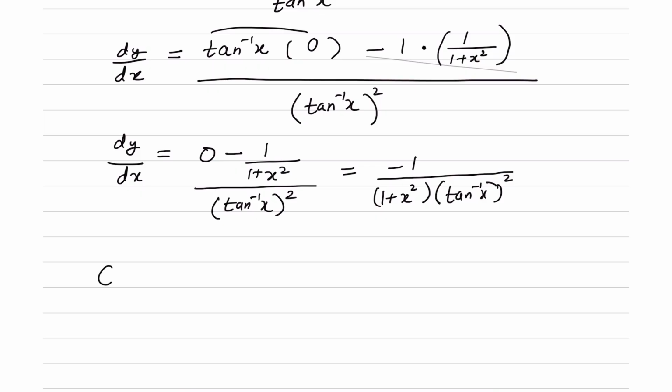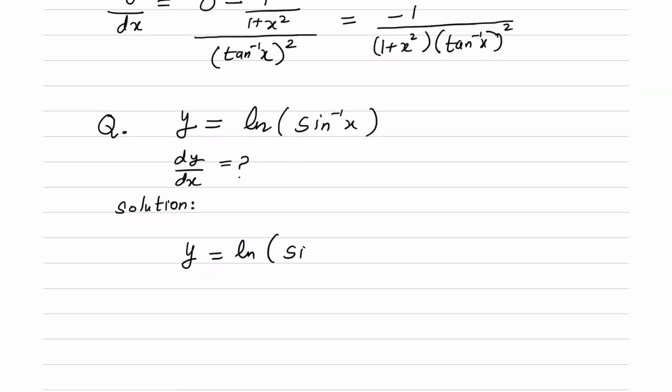Let's attempt another question. We have y is equal to ln of sine inverse x, and we have to find dy by dx. So if we have ln x, its derivative is 1 over angle, that is x here.